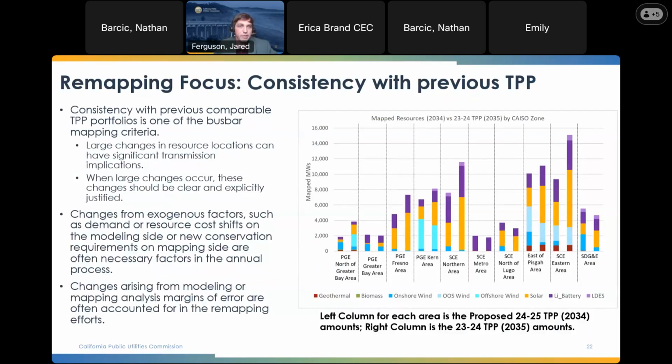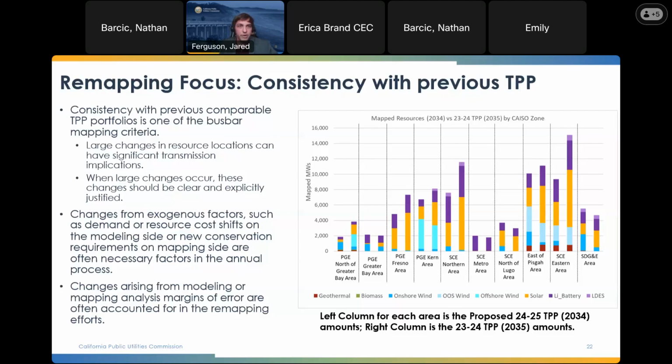These next 2 slides show some of the high-level issues we're seeking to address through this ongoing remapping process. One of the bigger issues is consistency with the previous base case, because as I was saying earlier, we do have a significantly different portfolio than what was passed last cycle. That's not saying that change is wrong.